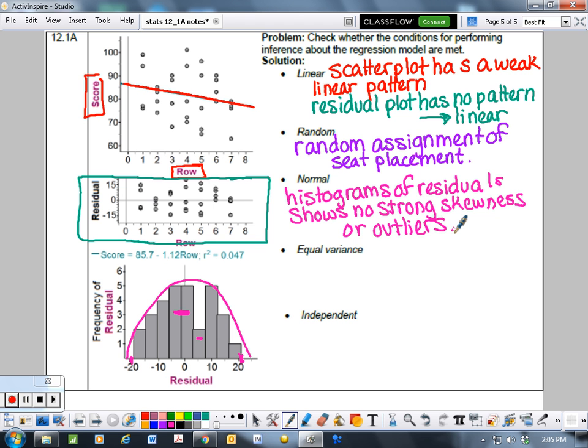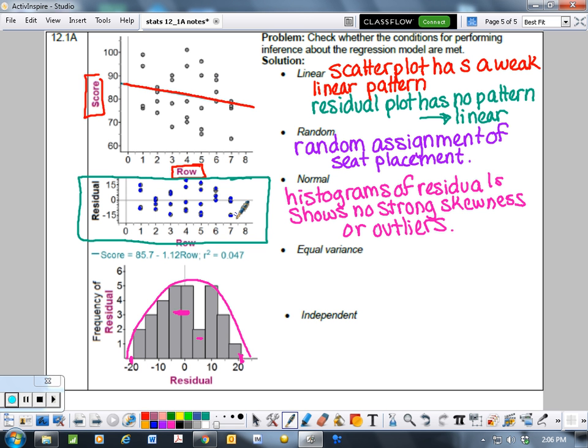Okay, so now we're going to go to our equivariance. So we're going back to our scatter plot, and we're looking at all these little dots. And we're looking to see, hey, are they really tight on one side and really spread out on the other, or are they all pretty well spread out? So we're looking at all these blue dots here that I'm making blue right now.